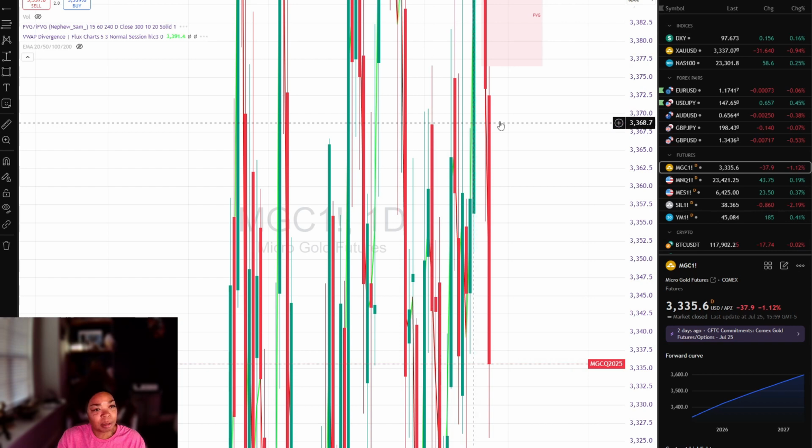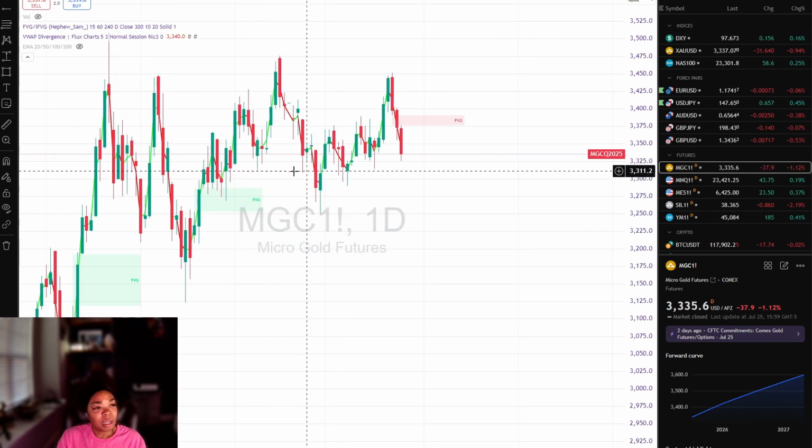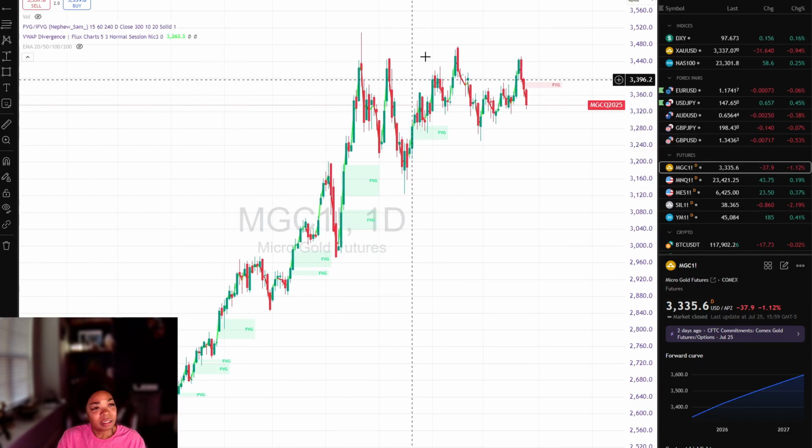Gold futures, I am looking at a support level. Gold is kind of meh, but look at the areas here.